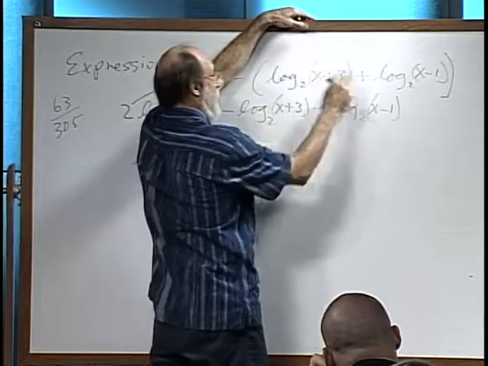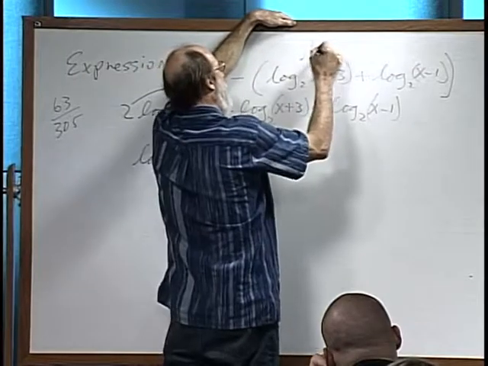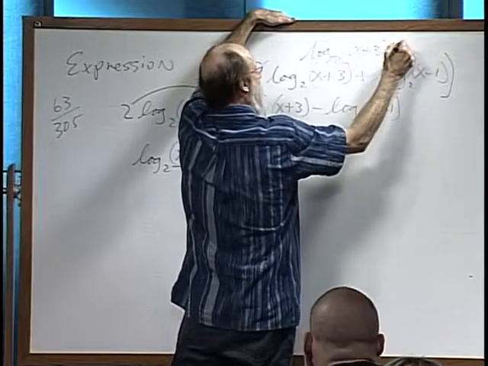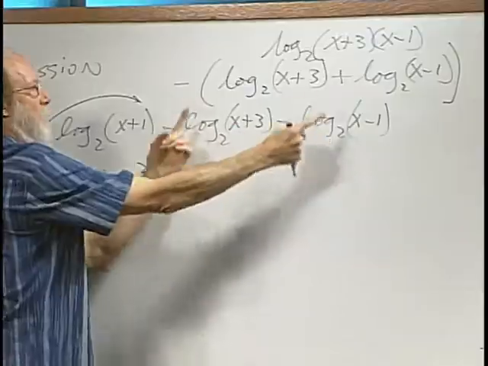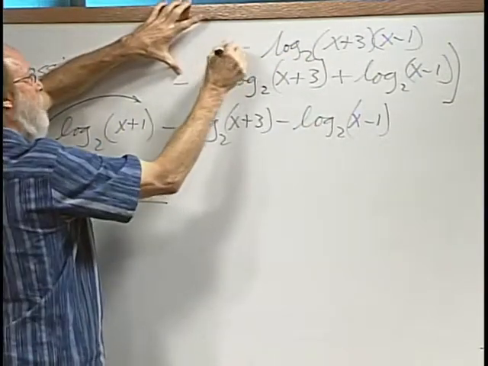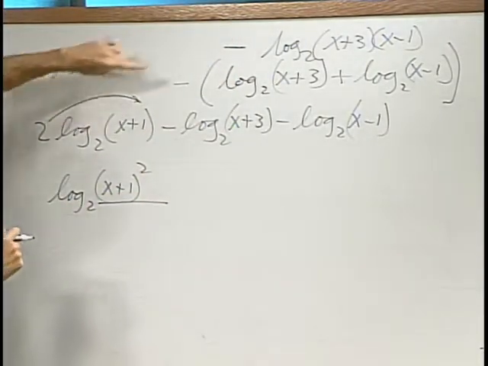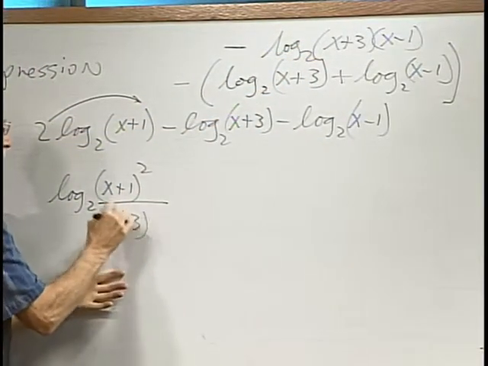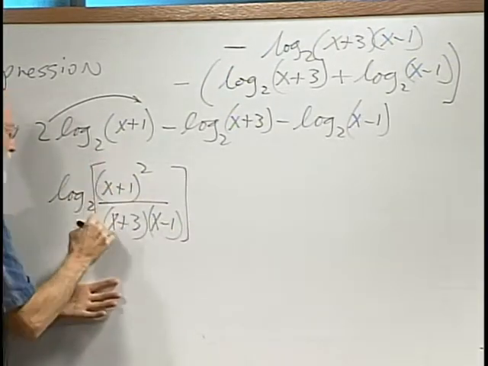If you have a sum of logarithms, that's going to collapse into the log of the product of x plus 3 and x minus 1. See how this becomes that, and then this negative sign, subtraction, is out in front. So we now have this logarithm minus that logarithm, so that drops the x plus 3 factor and the x minus 1 factor down here, and this is all inside that logarithm.